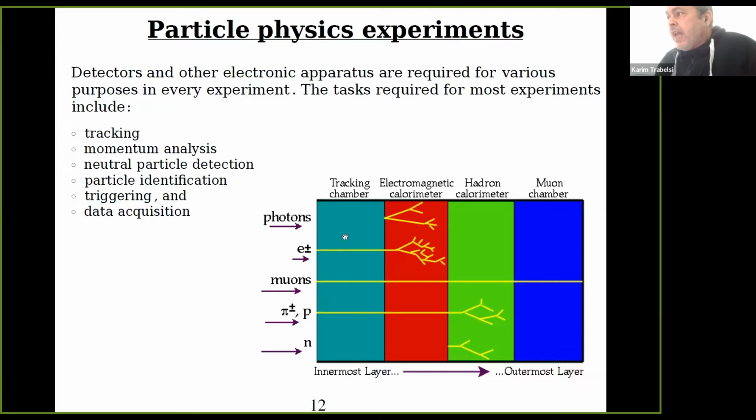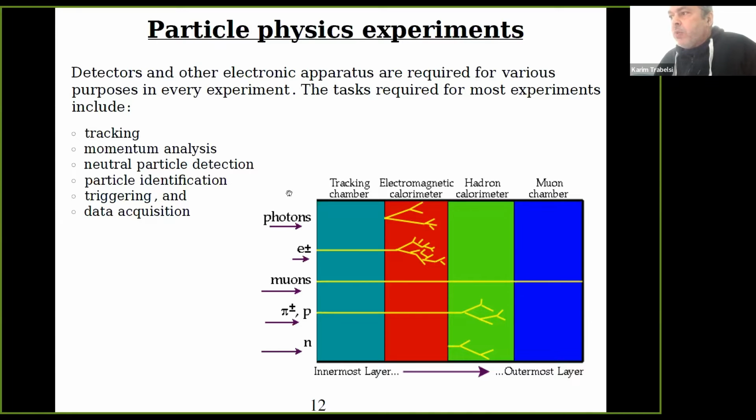So now the layering, the way you order the detectors, will be decided by the way the particles interact with those detectors. So very quickly, going through this list from photons to neutrons, we are mostly interested in the first four. The photons will not be sensitive to the magnetic field, of course, and will interact mostly in the electromagnetic calorimeter.